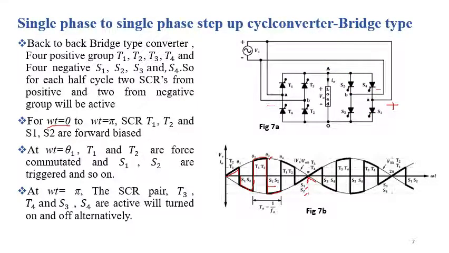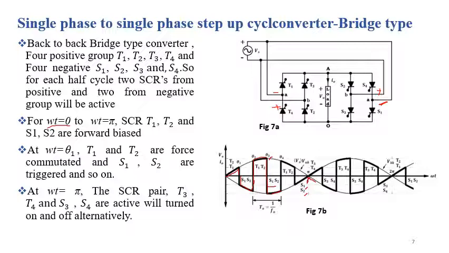And the polarity at the input side reverses itself. So now the polarity at the input side is point A negative and point B positive.